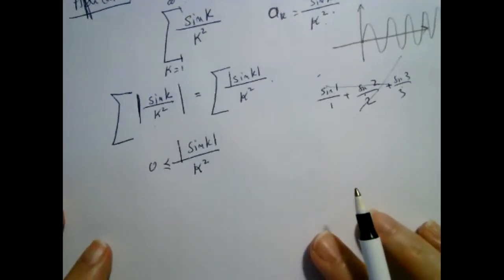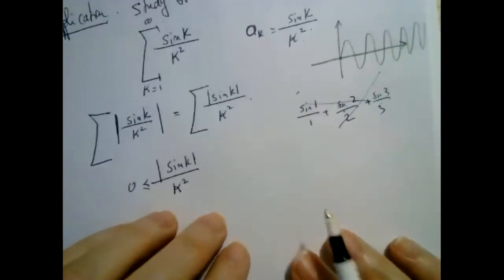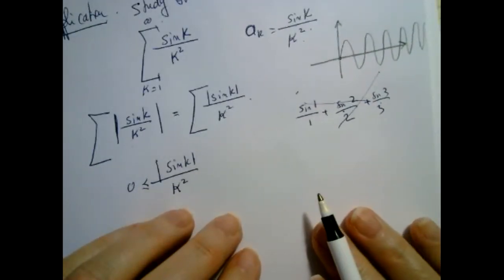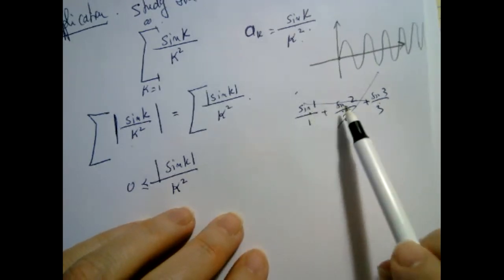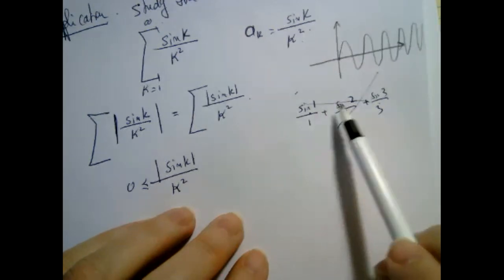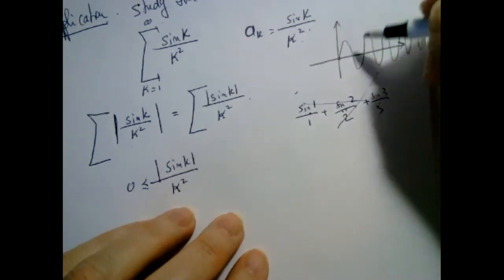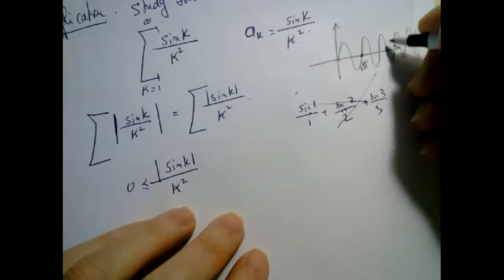Sine can be negative, but it doesn't mean sine 1 is positive and sine 2 is negative. It's not a back and forth thing. Remember the graph: this is 2 pi, this is 4 pi.